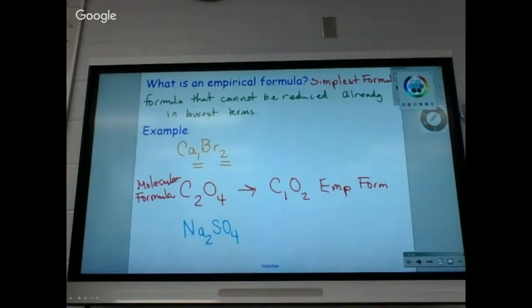I hear some yeses and I see some heads shaking. How do you decide? This is why I put this up here, because it throws people off. About half my class usually says yes and the other half says no. So how do we decide? What can be reduced? Okay.